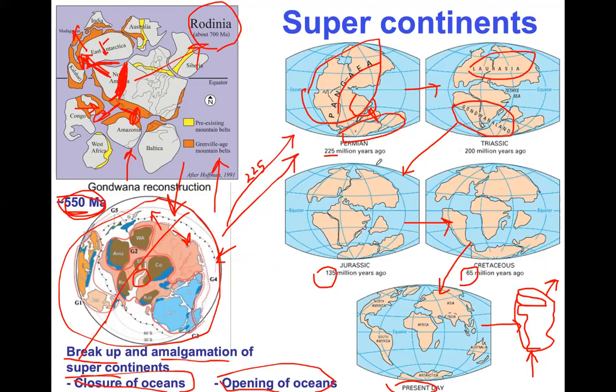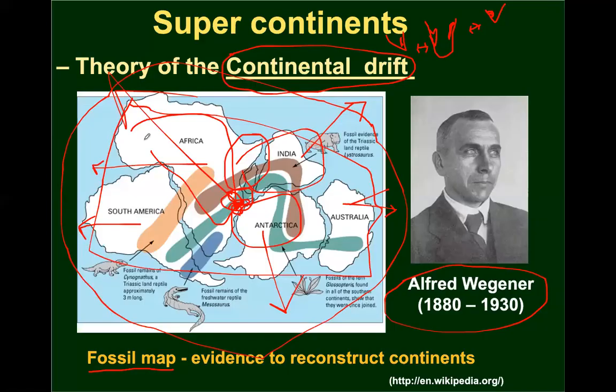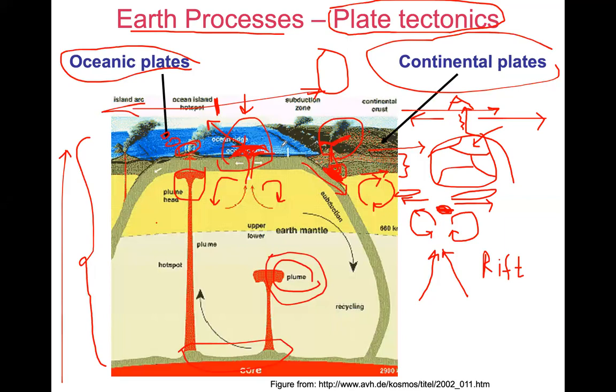If one continent is moving this way, you can relate it to plate motion like this. One plate subducts beneath, so you are reducing mass.